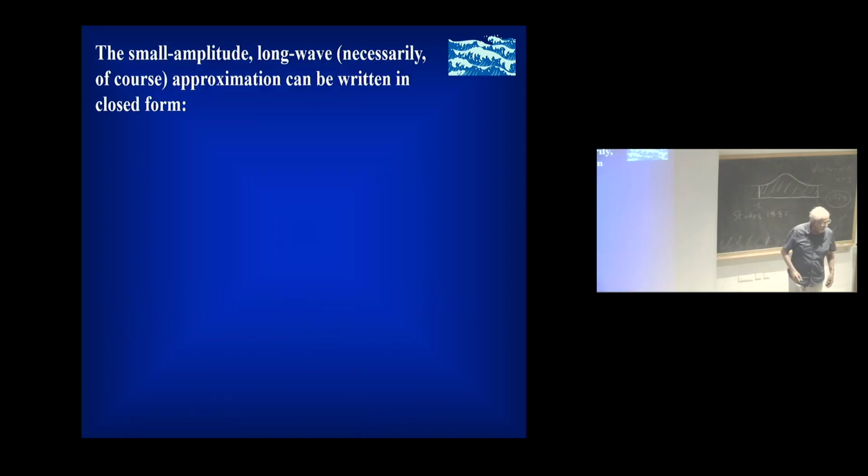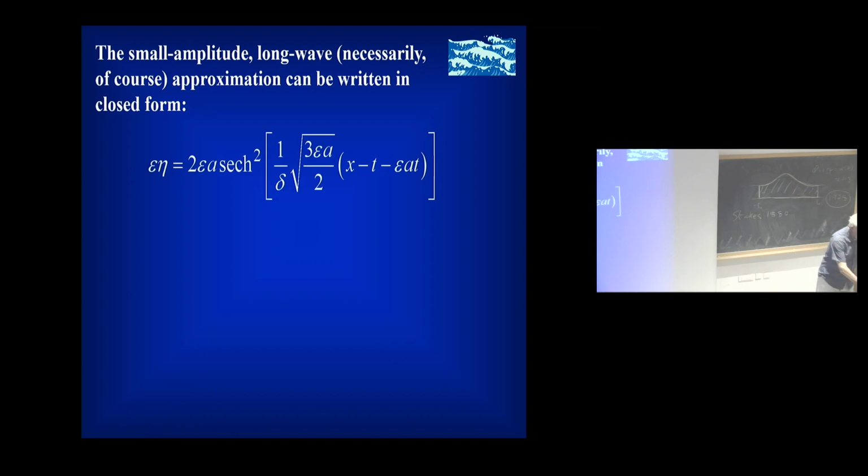For us, the more interesting aspect is the fact that we do have a small amplitude approximation, a small amplitude long wave, necessarily long wave. And then we produce, and I'm going to write it using my original variables, there we are. There is the very famous small amplitude solitary wave.